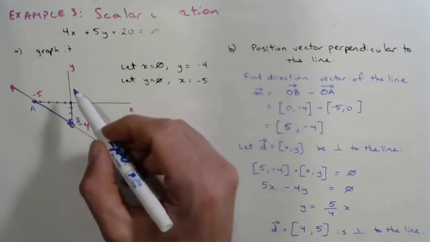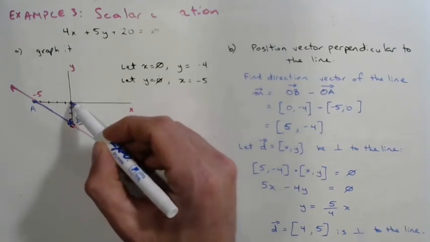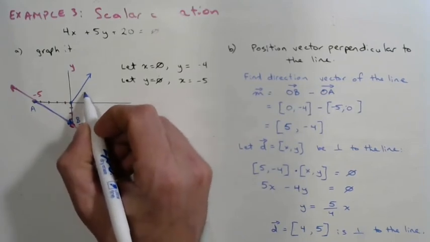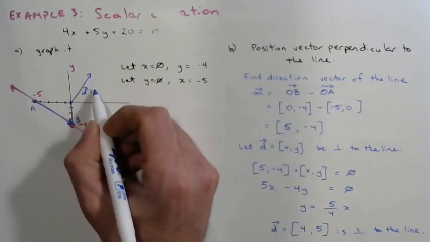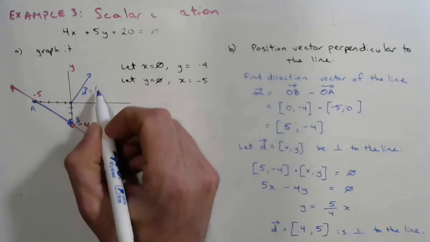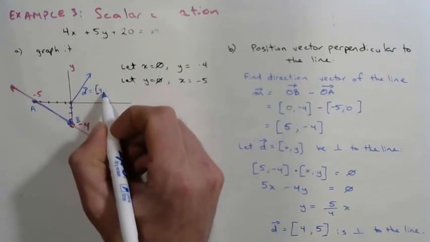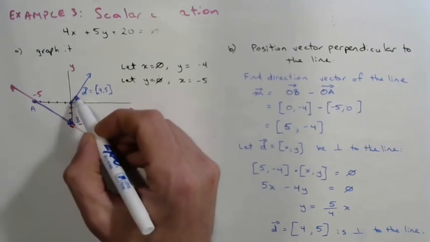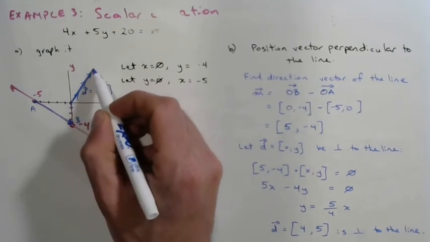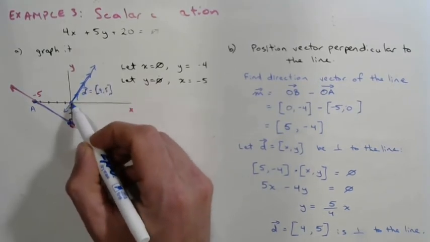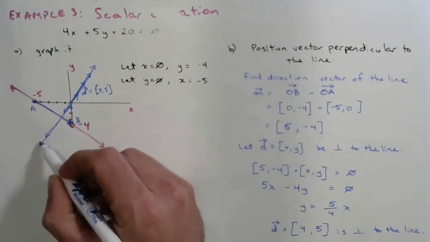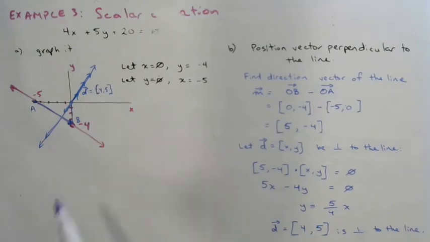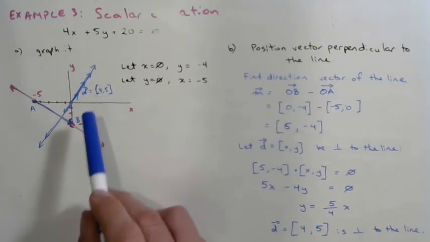They all happen to be going, and I can draw this vector that I came up with, the vector d, which equals 4, 5. But I could have come up with this vector, this vector, this vector. They're all perpendicular to the line, okay, as long as they travel along this direction. There's some scalar multiple of this direction.